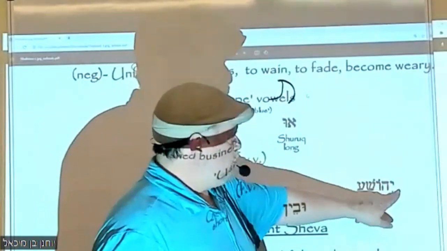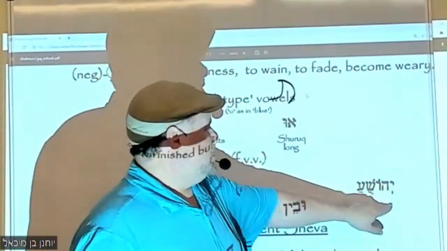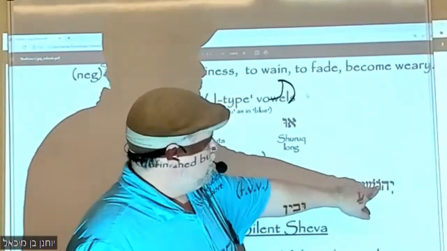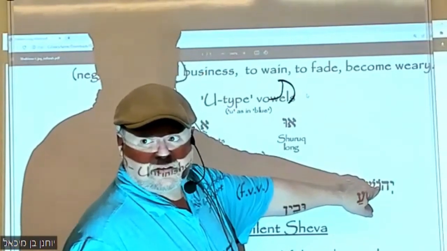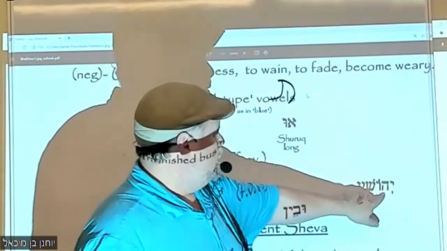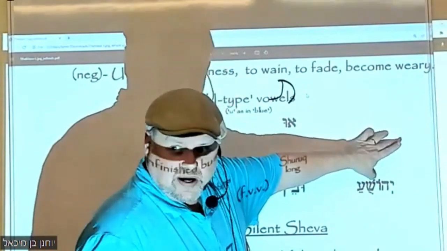So what about the next word? We have a yud pointed. This is a vocal shva because we're at the beginning of the word. So yeh. Then we have a hey followed by a vav pointed cholem. So how do we pronounce that? Ho. Yeho. Then we have a sheen, right? Because the mark's over the right-hand side.